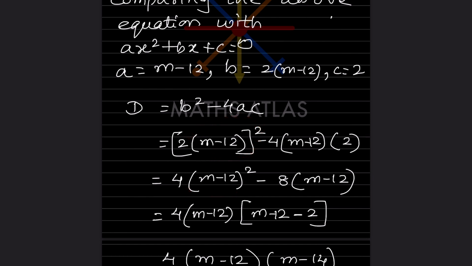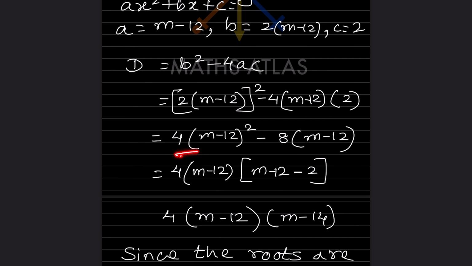Now again, what will you do for this one? This 8 and this (m minus 2) whole square as it is. So now what you can see, this is one part and this is the other part. From that we can take (m minus 2) common, right? And also here this is 4 and this is 8, so we can take 4 common. So we'll take here 4, and from this one we can take (m minus 2) common because there is only 1.